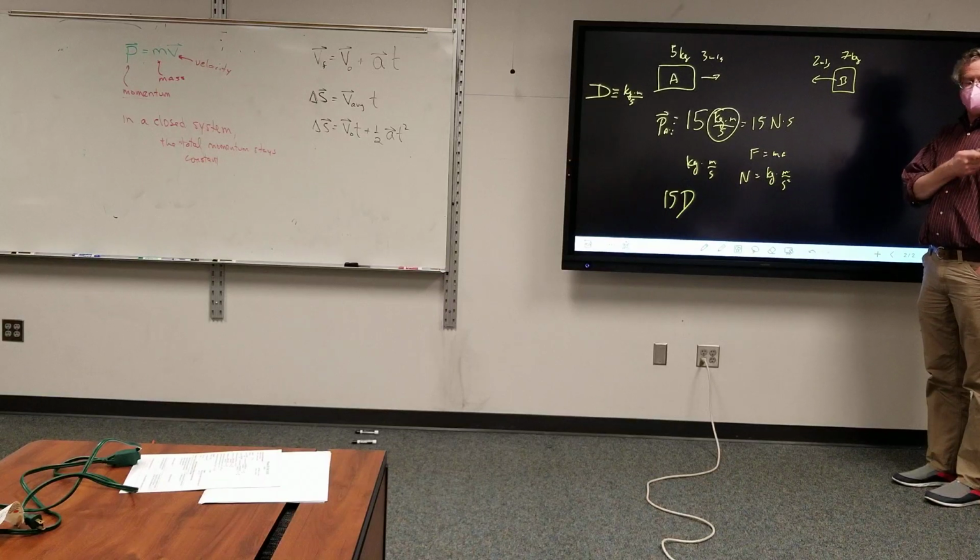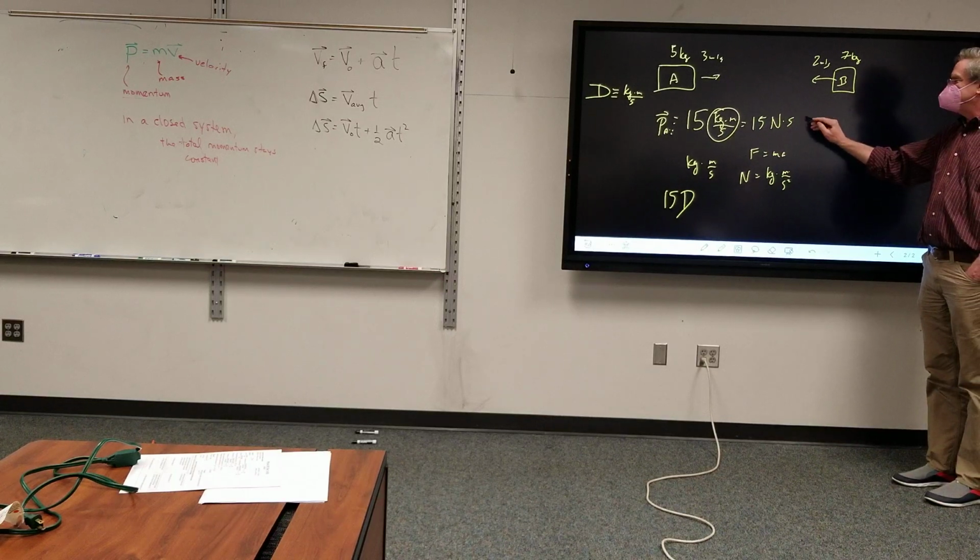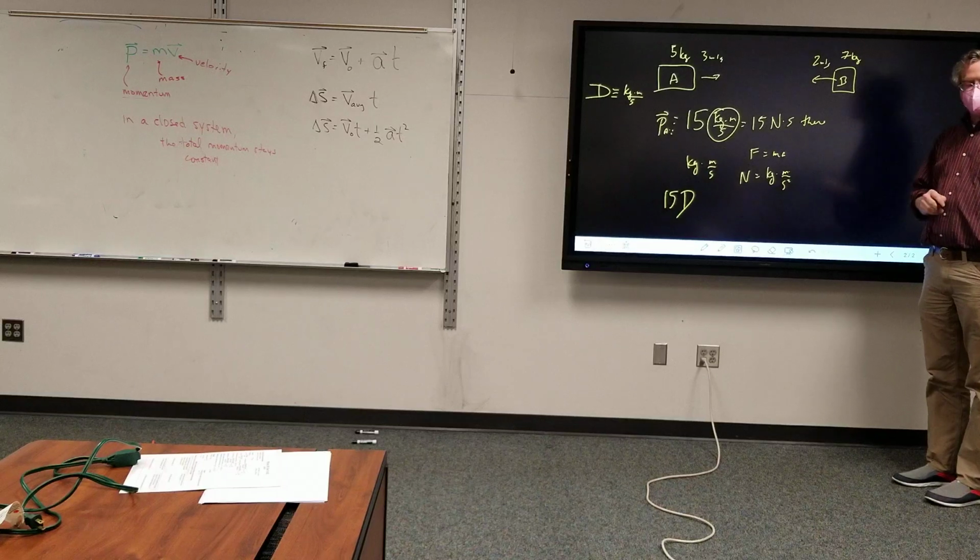Maybe she has. Have you indicated direction? To the right. Newton seconds there. Probably should do a little bit more specific for that. How do you want to indicate direction?